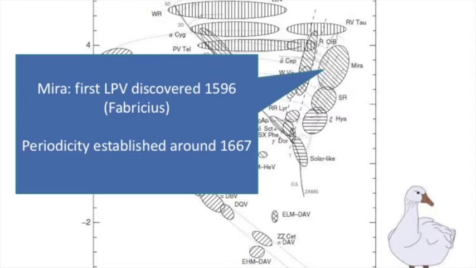Now, first pulsating variable found, Mira, 1596. But of course, it's centuries before it's realized it's a pulsating star. And you may be wondering about why I have a picture of a rather dyspeptic-looking goose on this slide.